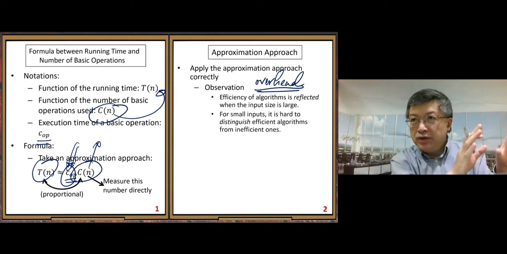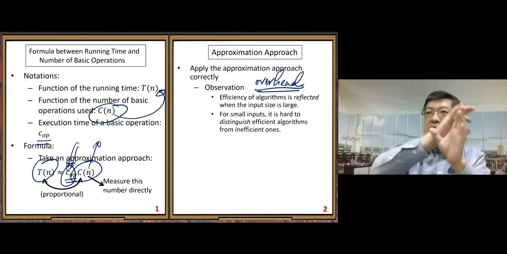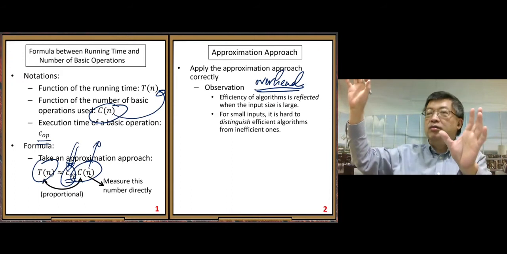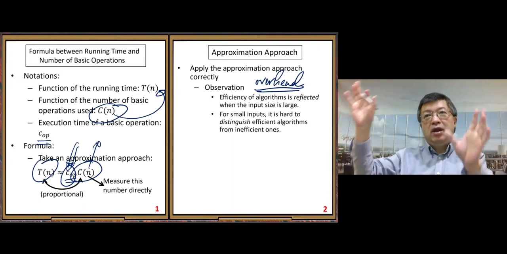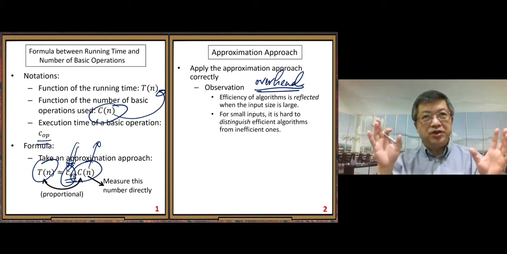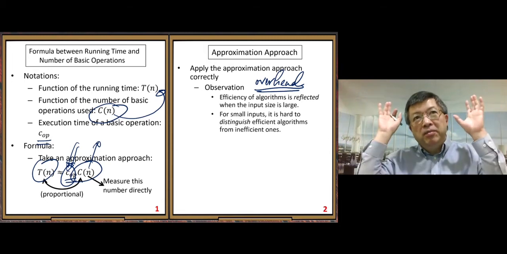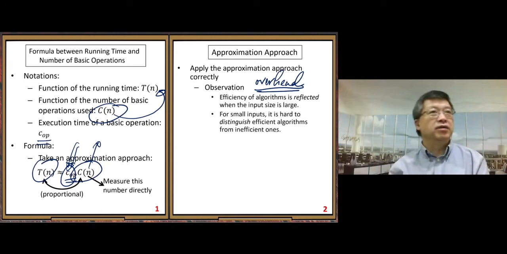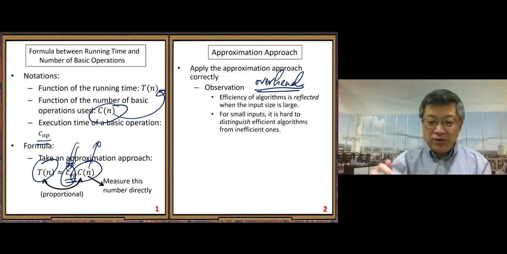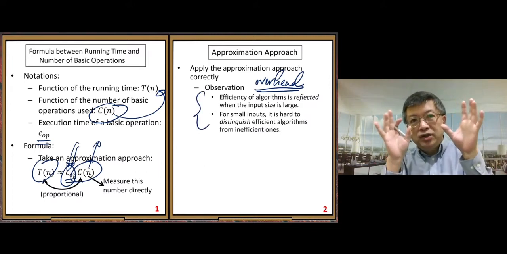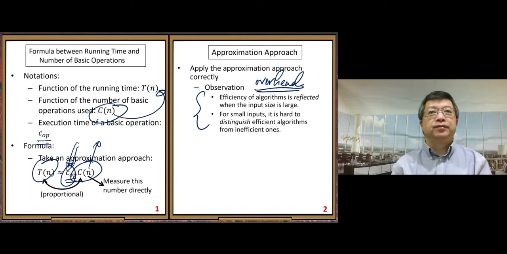In that situation, the real working part will dominate the whole running time, so you can get a better view of the real working part. So that's the reason behind these two points.